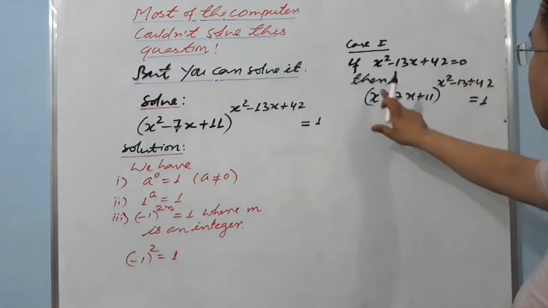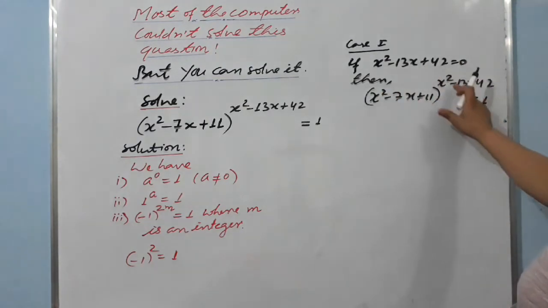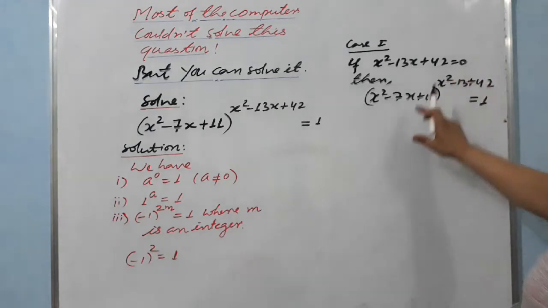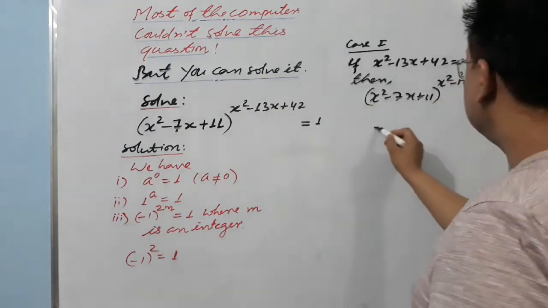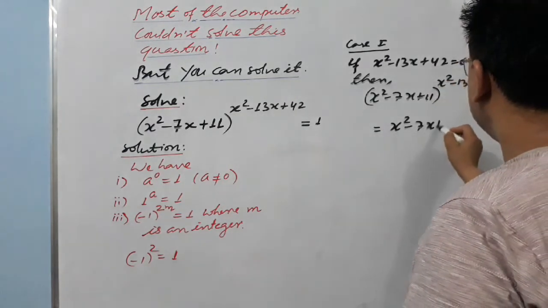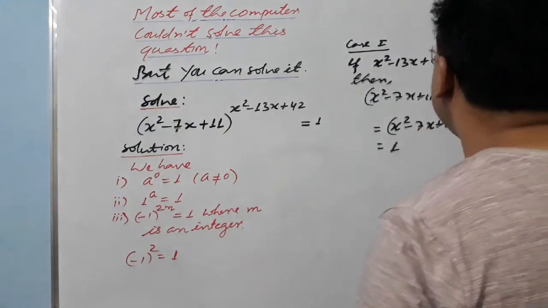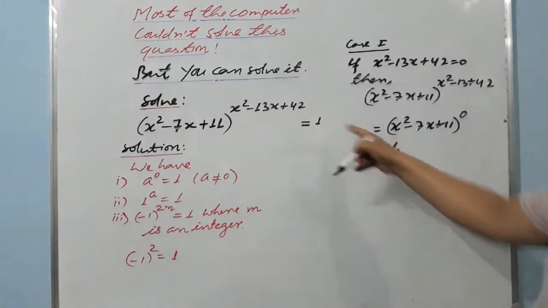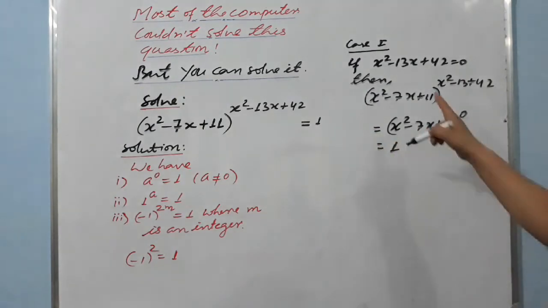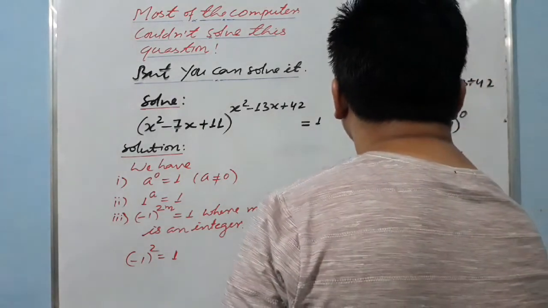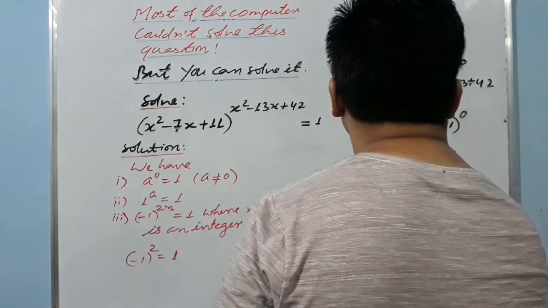If this is equal to 0, then this becomes 1. And you can write down, the base is x square minus 7x plus 11. If we suppose this also equal to 1, on the right hand side 1. Now we have to find out the x for this condition, so now we can solve.